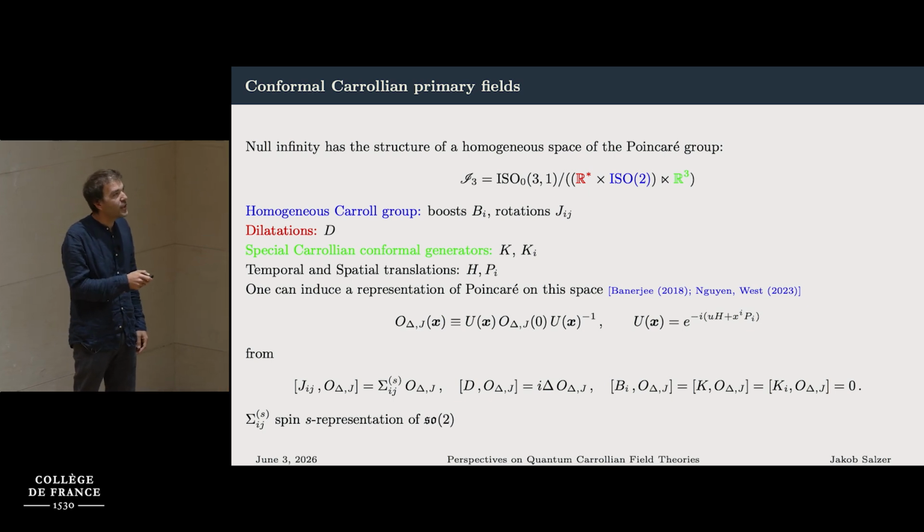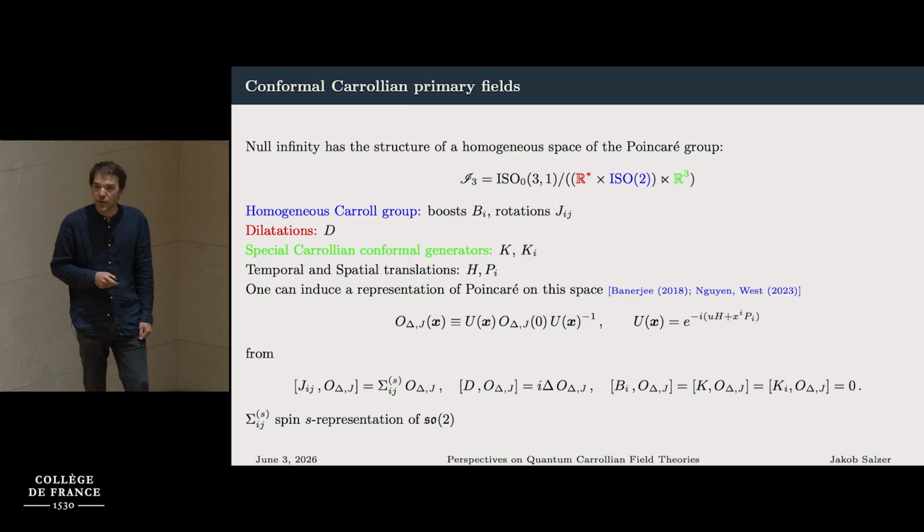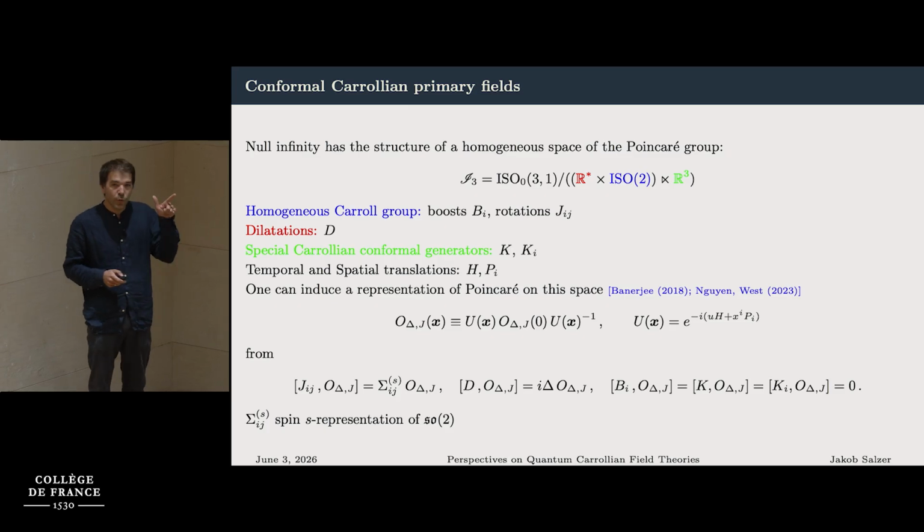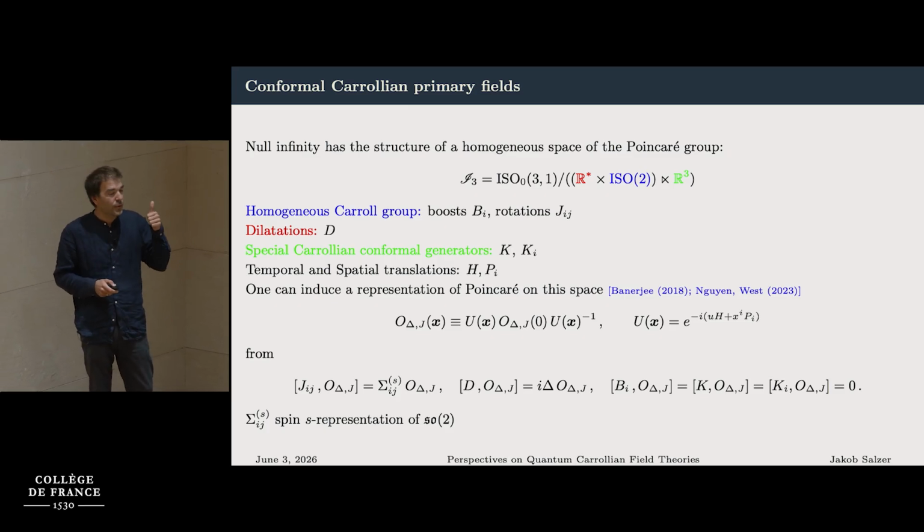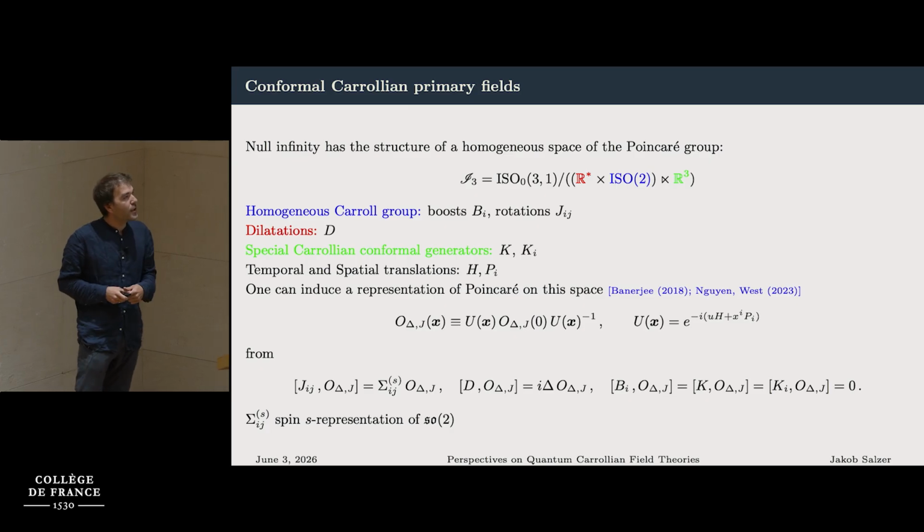You can just check this by looking at all the subalgebras of ISO(3,1). And there's just one 7-dimensional. So indeed, this is a 7-dimensional subalgebra. Let's check it. Here we have ISO(2). This is the homogeneous Carroll group, as we just saw before, built out of 2 boosts in this case and 1 rotation. Then we have an additional generator, which I call dilatations.